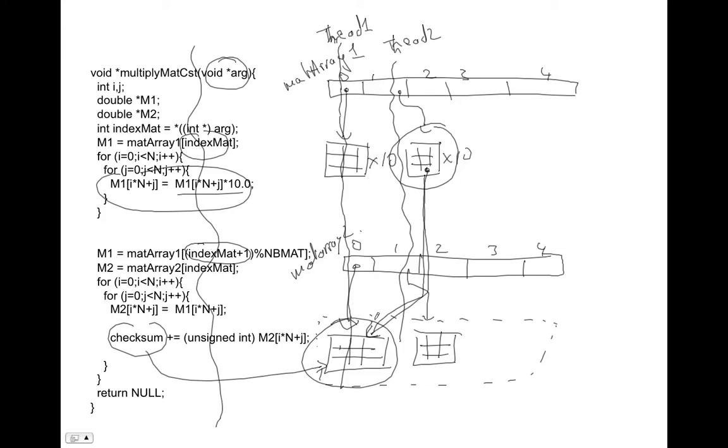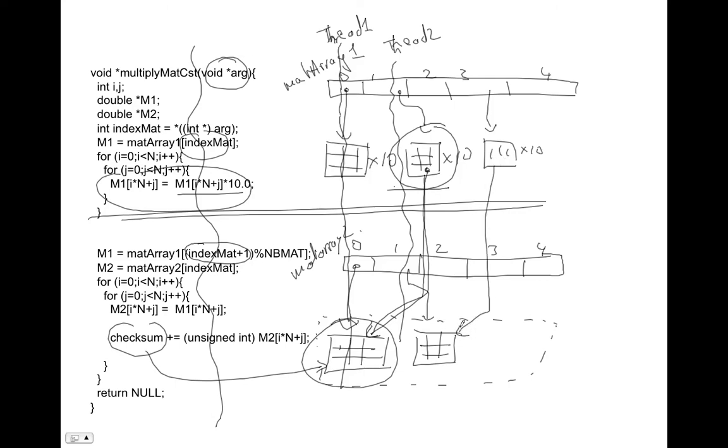Meaning I need to make sure that thread 2 is done here before I can do this. And this is true here for this one, same here. So I have this constraint here that requires synchronization.